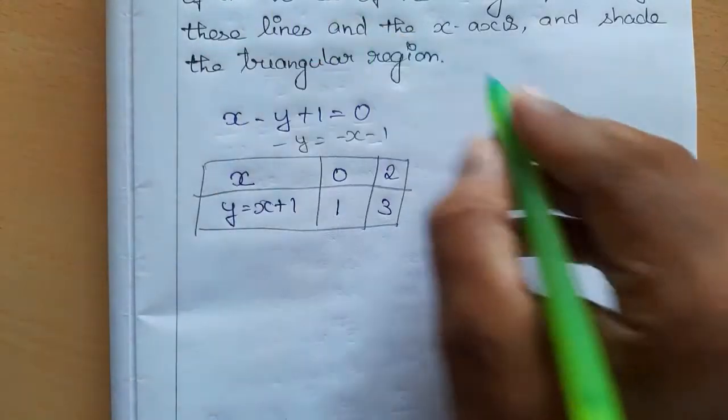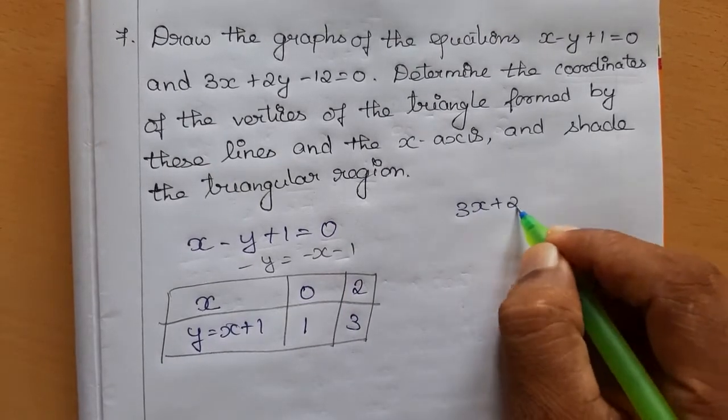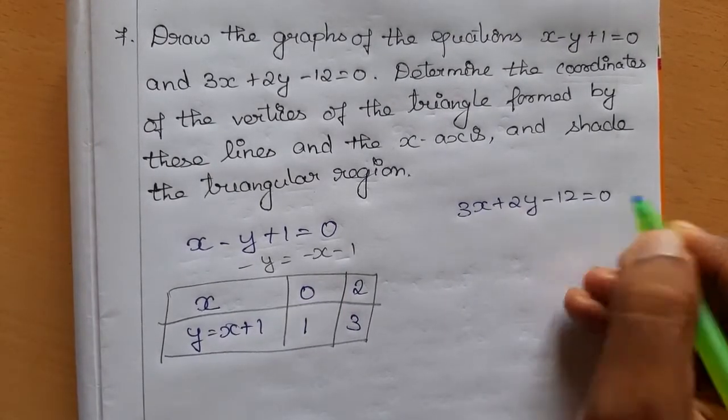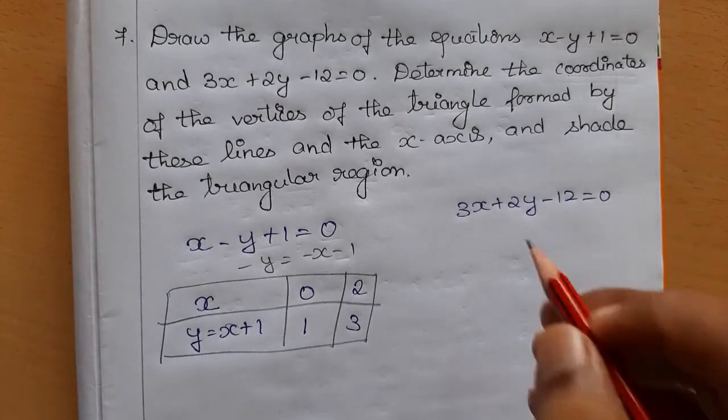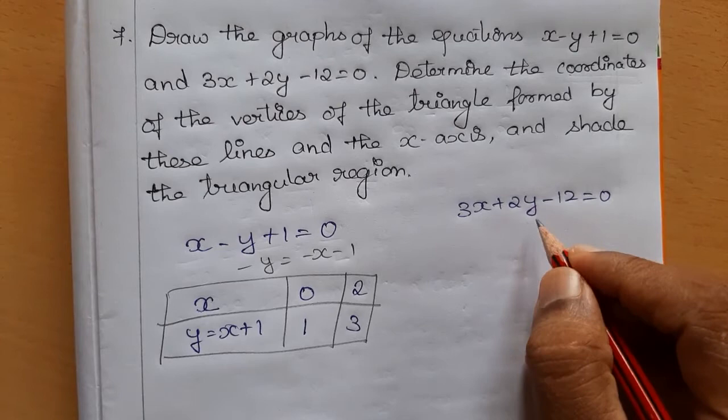So the next given equation is 3x plus 2y minus 12 equal to 0. This we can rewrite as y in terms of x, right?